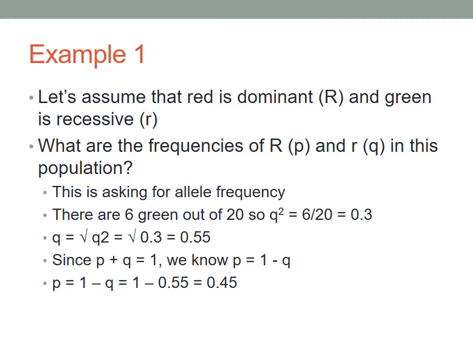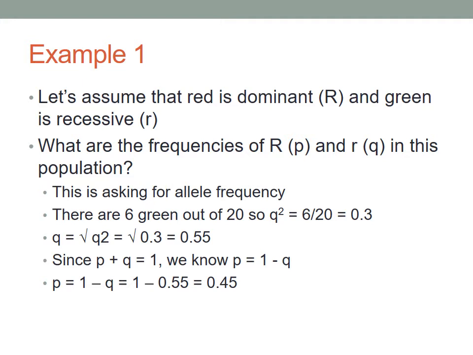So we've calculated our allele frequency of our dominant allele, the red allele, to be 0.45. And then the allele frequency of our green allele, our recessive allele, is 0.55. P equals 0.45, Q equals 0.55.